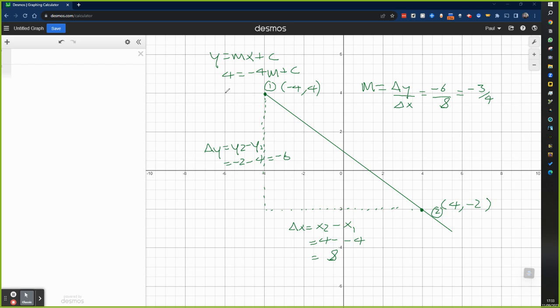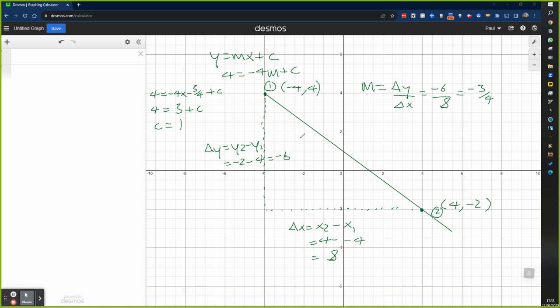So I'll write it in here. 4 is equal to -4 times -3/4 plus c. We've got a minus times a minus there, so they're going to cancel out. And the 4 times the 3/4, the 4 there is going to cancel out with that 4. So you end up with 4 is equal to 3 plus c. And then you would subtract 3 from both sides, and c is equal to 1, which is what it looks like on the diagram.